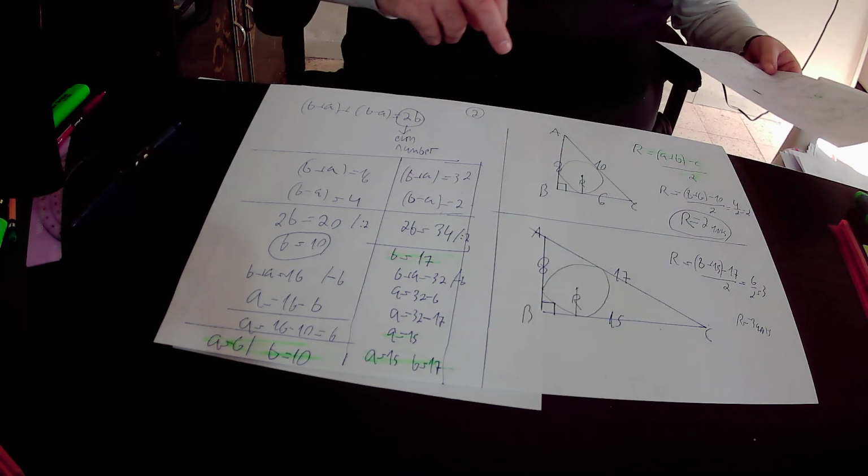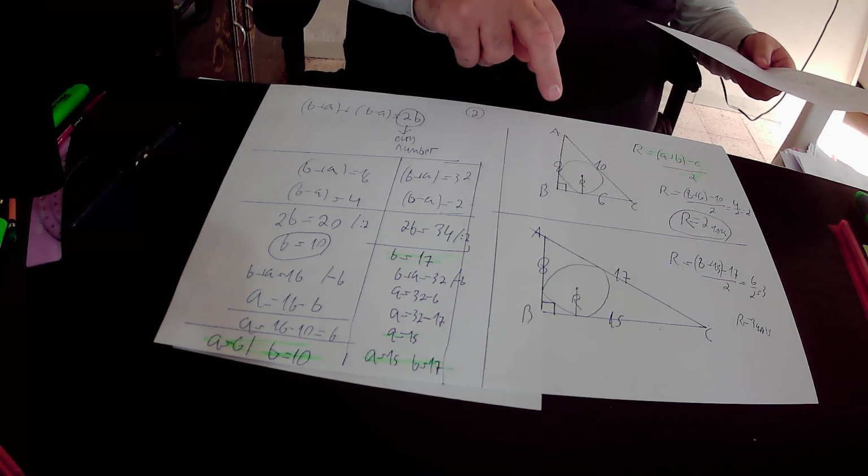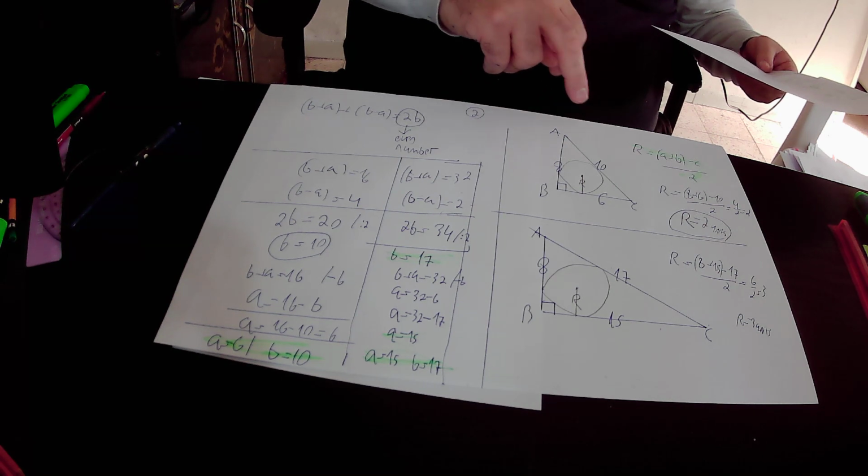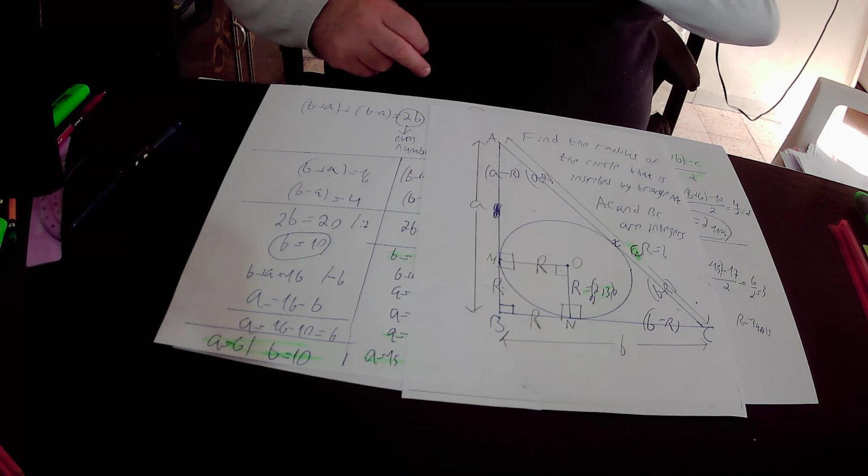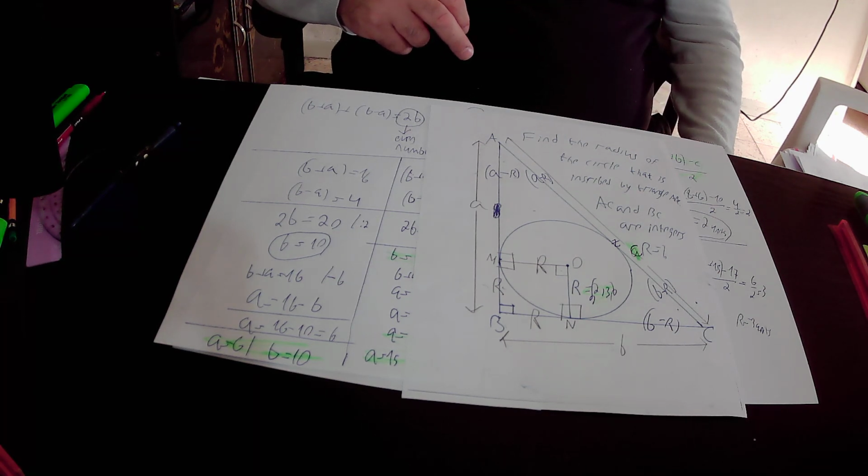Okay, so we'll find out the general formula for the radius of any circle that is described by the right triangle ABC.